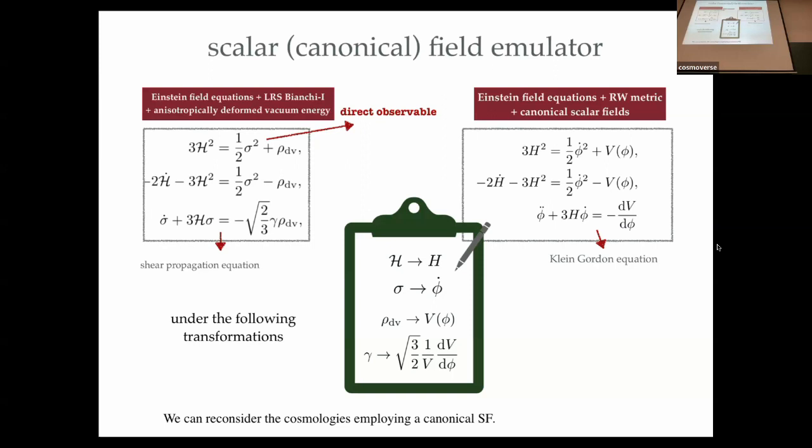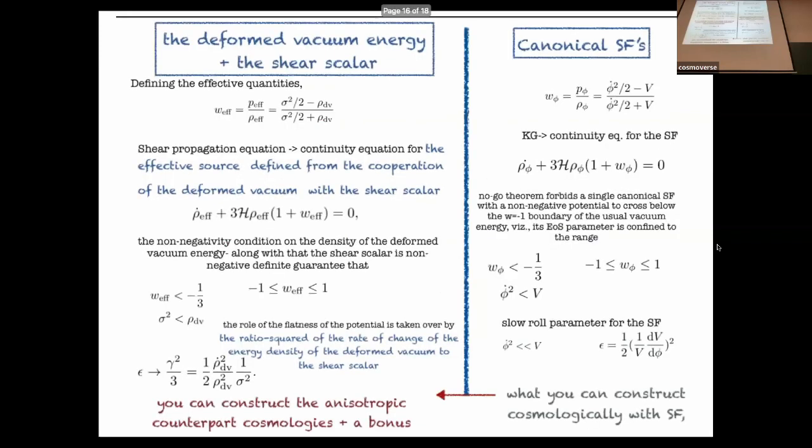And so we can reconsider the cosmologies employing a canonical scalar field. We can get the same system, but physically they are different. Actually, these are very similar, and this motivates us when we think about the Klein-Gordon equation and the shear propagation equation.